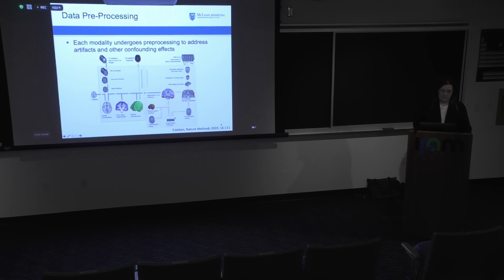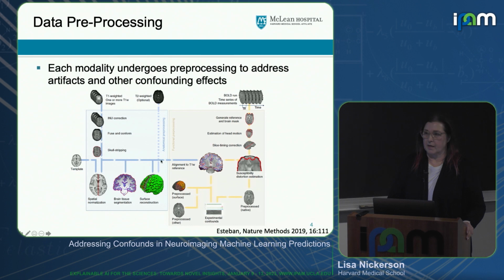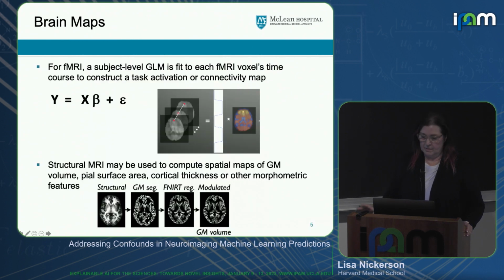It's common to compute a variety of experimental confounds that can be used in subsequent analysis. I'm just showing an fMRIPrep diagram here, a standardized tool for data pre-processing, and it will automatically put out some of these things that we'll talk about in a minute. Okay, so brain maps can be computed in a variety of ways.